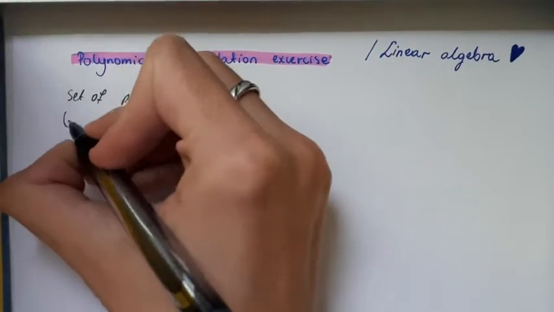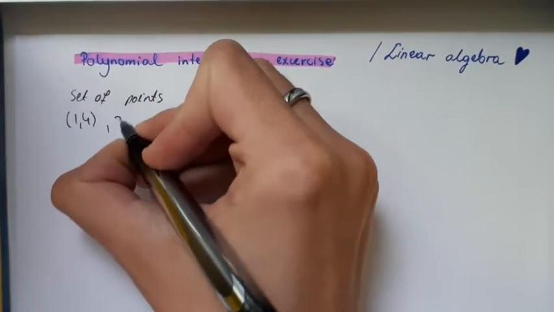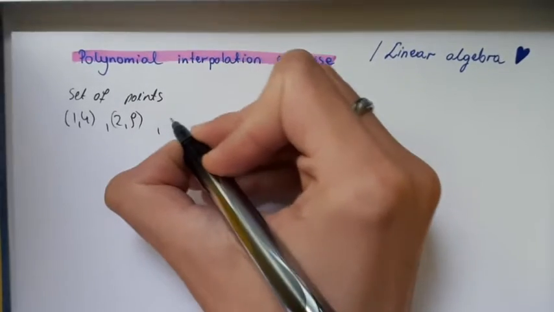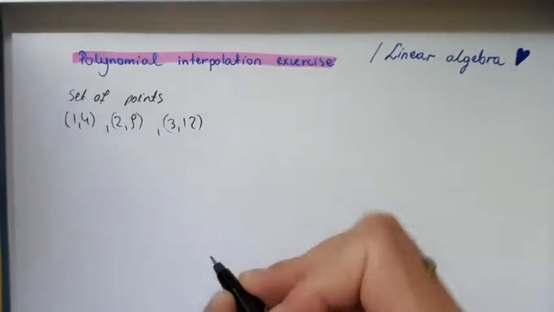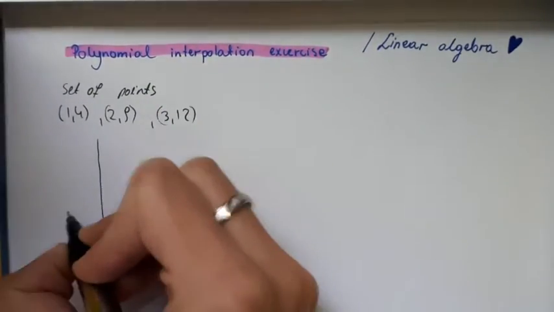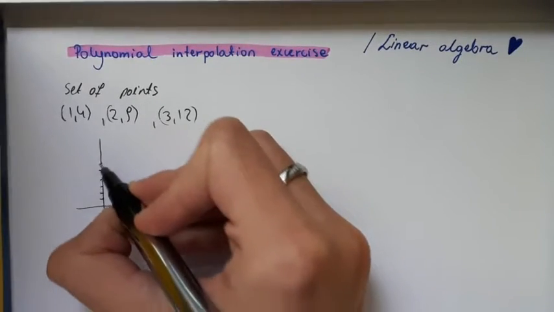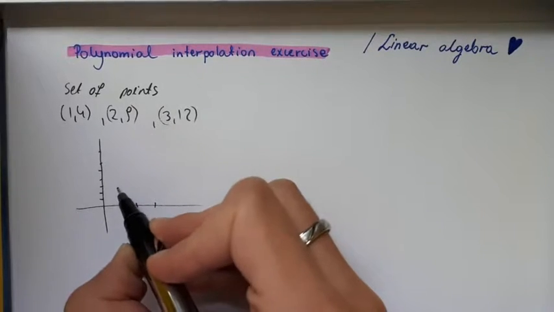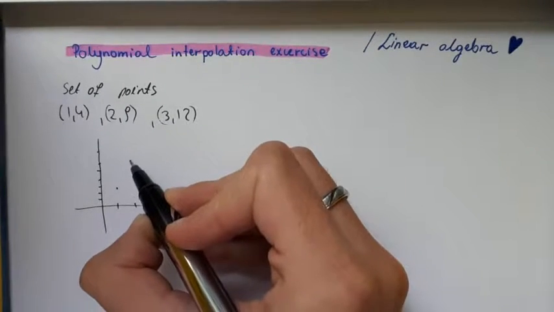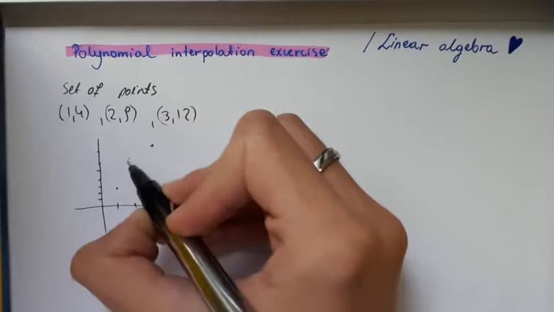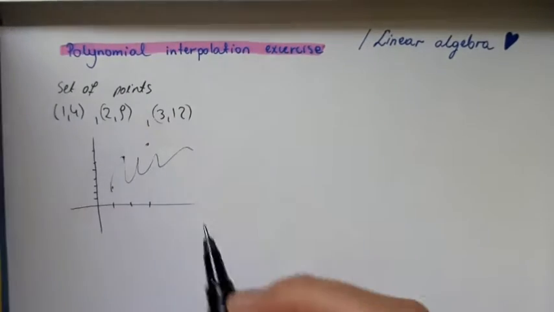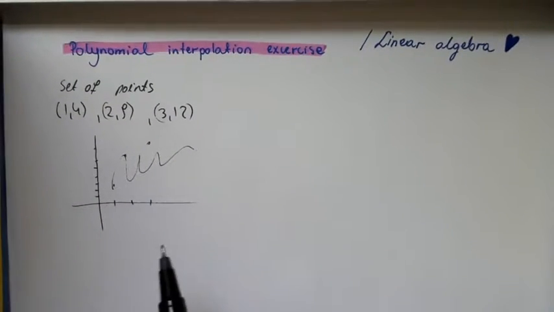So for example, (1, 4), (2, 9), (3, 12). So we know some sort of polynomial will result.